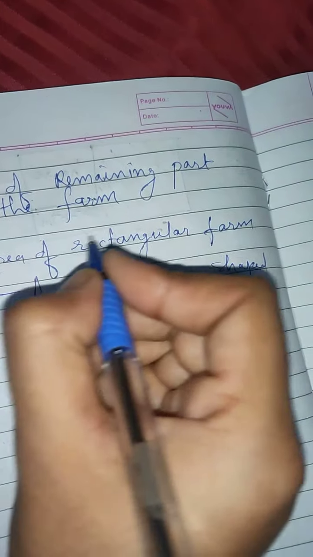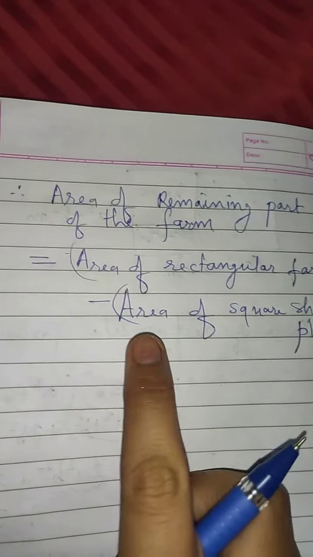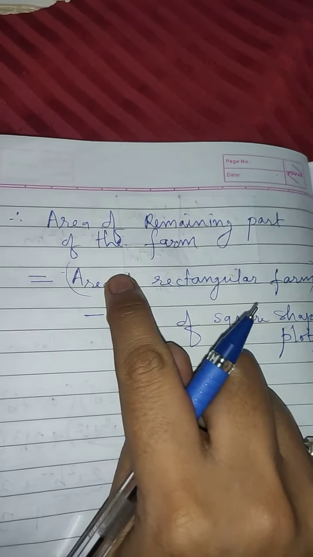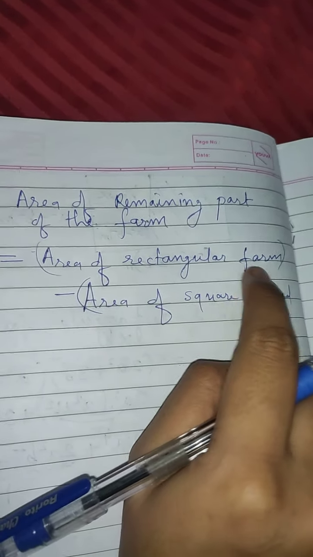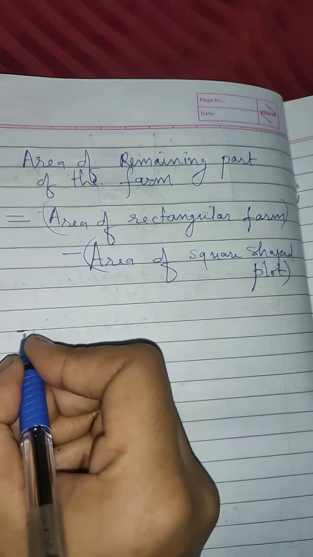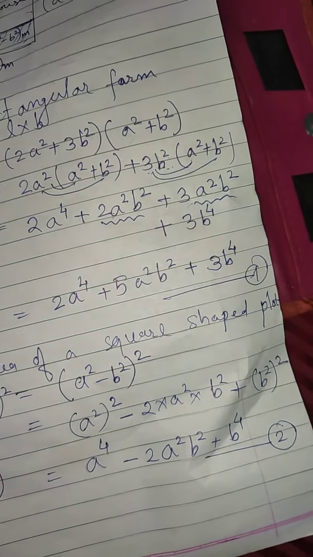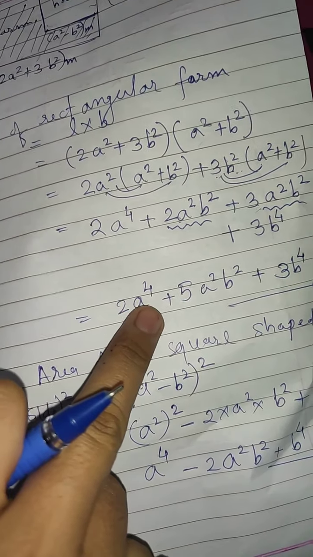Okay, so this area minus this, we have to subtract. So area of the remaining part of the farm is equal to area of the full rectangular form minus area of square shape plot. So from equation number 1, this is our area of rectangular form.